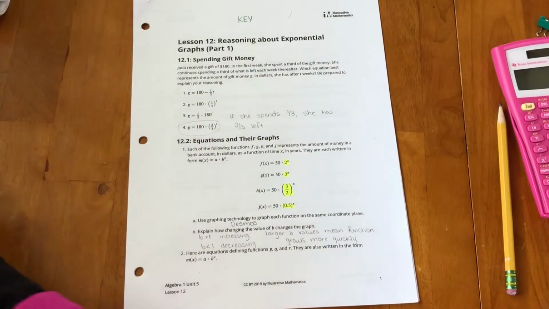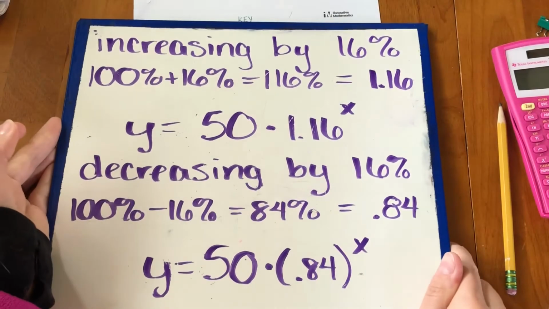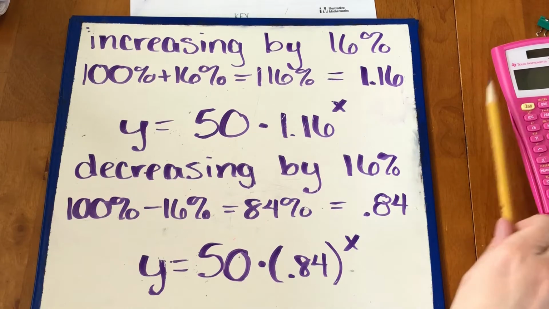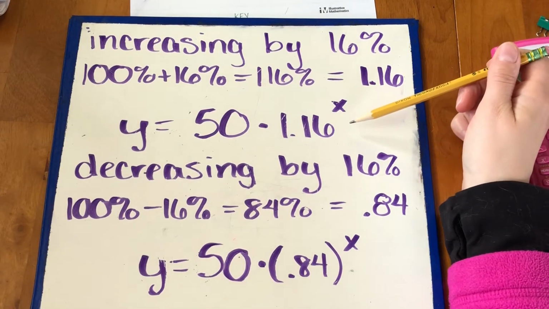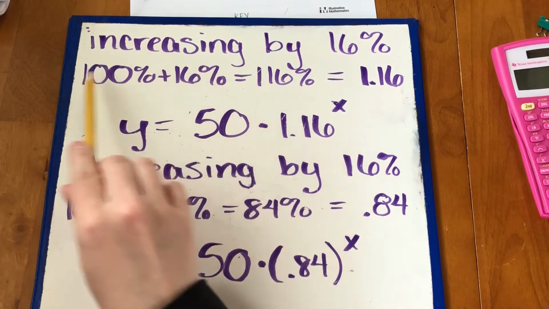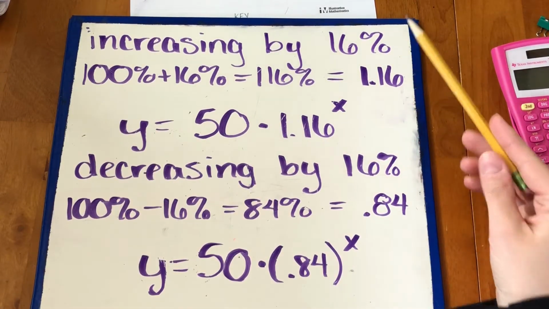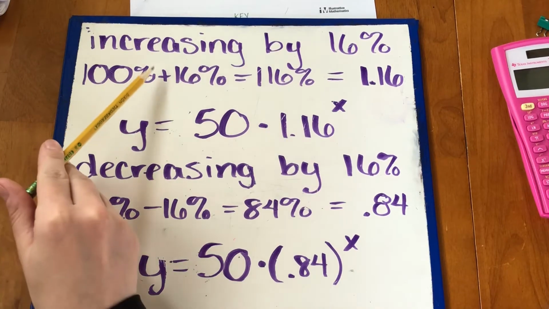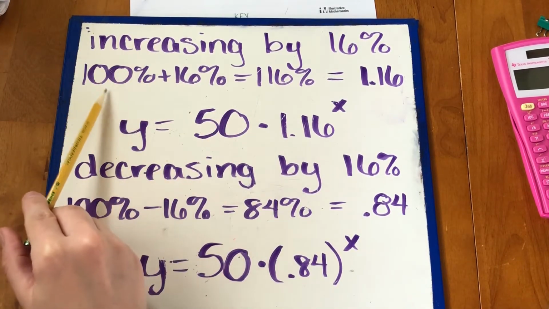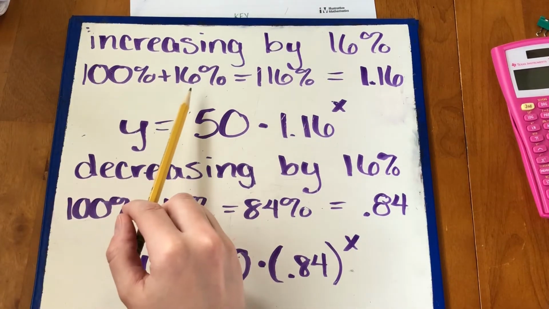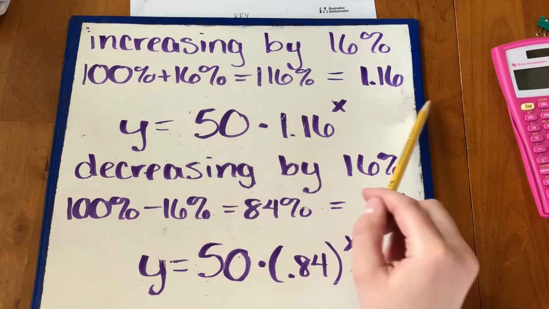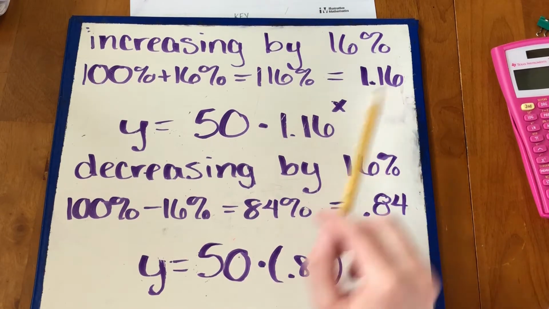So if I have a starting amount of $50, then our equation form is going to look like this. If we are increasing, so if we're increasing by 16%, just as an example, we have the original amount, 100%, that's $50 is 100% of what I started with, plus an additional 16%, so that's 116%, and then converted to a decimal is 1.16.